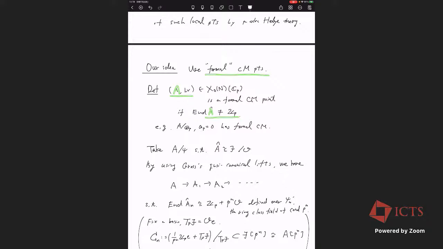For example, any elliptic curve A defined over Q_p with a_p equal to 0, or p supersingular, has formal CM in this setting. CM points are in some sense discrete, but formal CM points are dense. There are many in the modular curve. Our idea is to use formal CM points instead of true CM points.